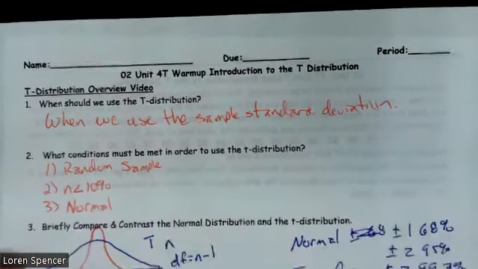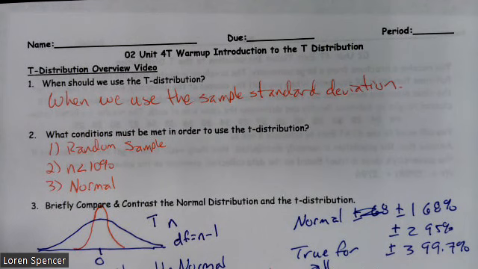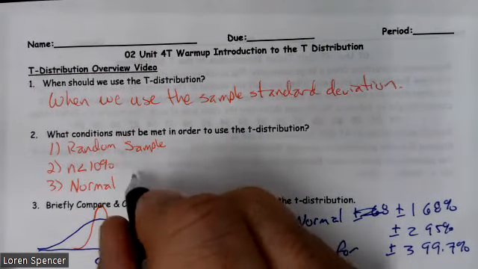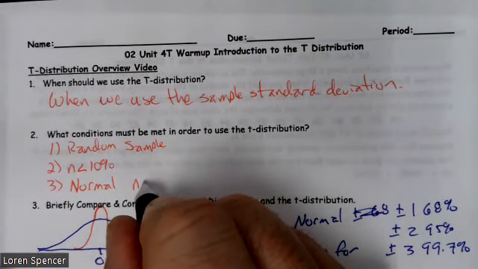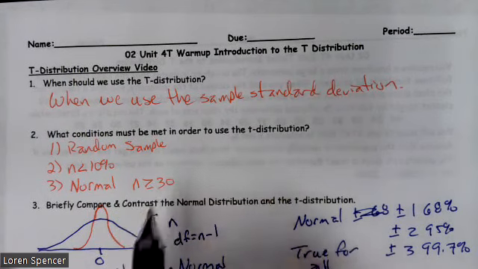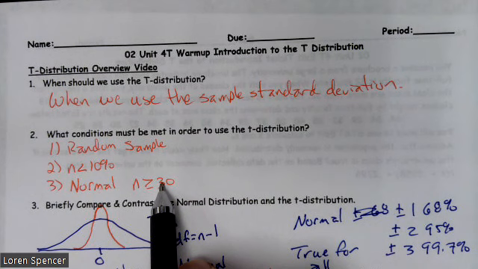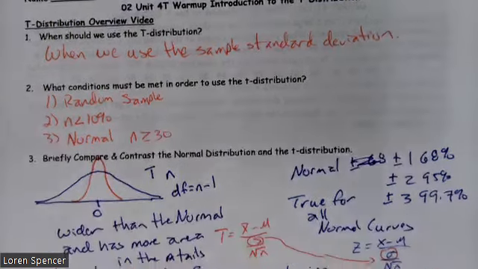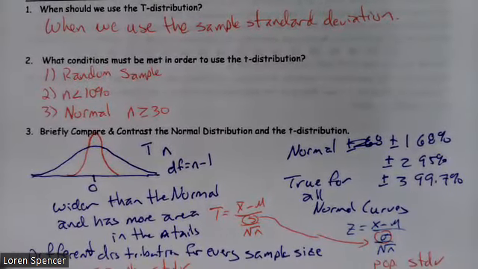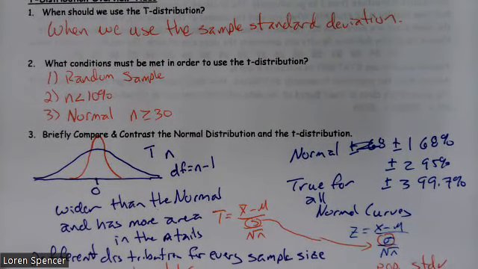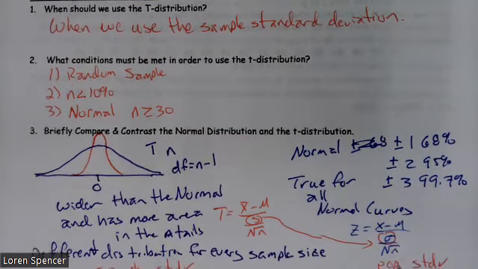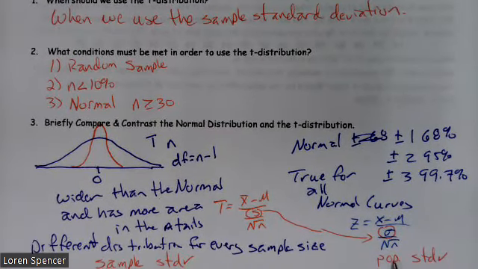Now, it can be normal in more than one way. Either the distribution is normal or N is greater than 30. That was exactly the same thing we ran into with the normal distribution. So basically, they're very, very similar.